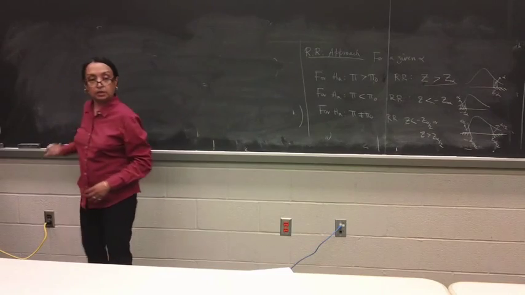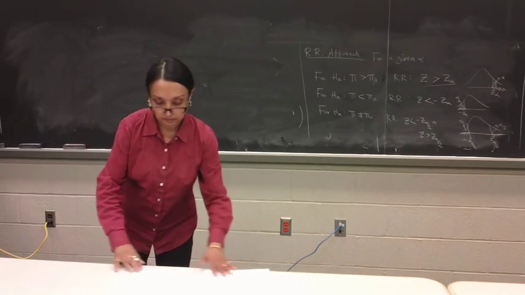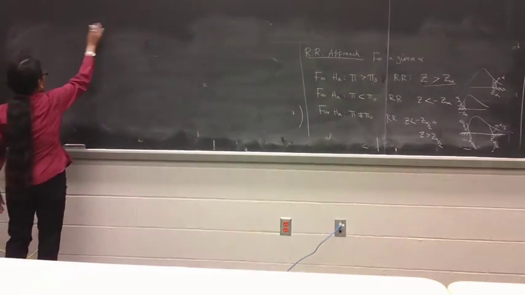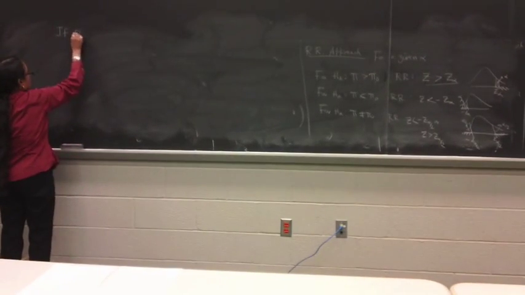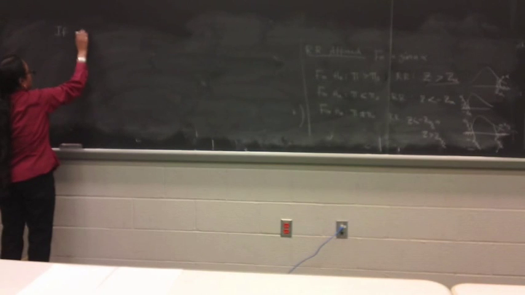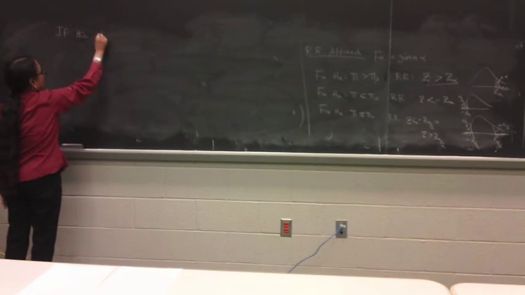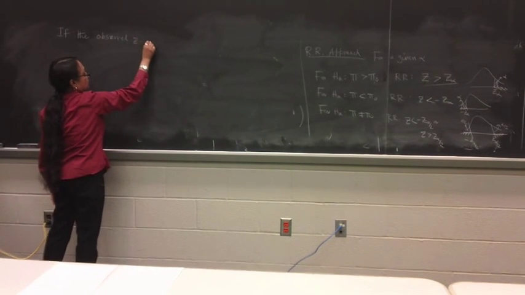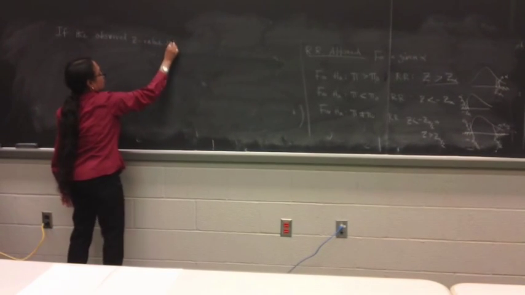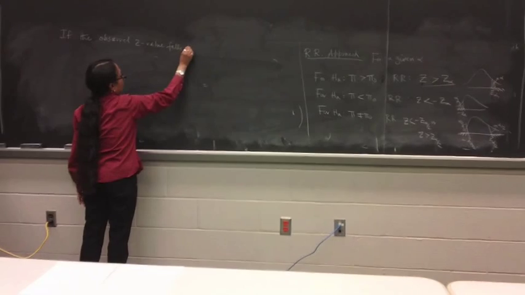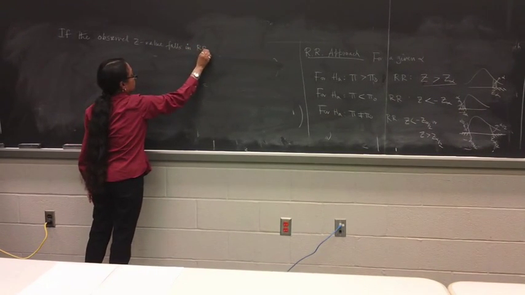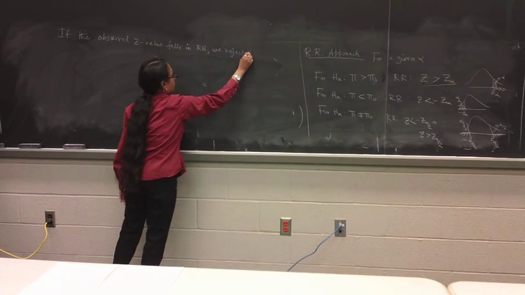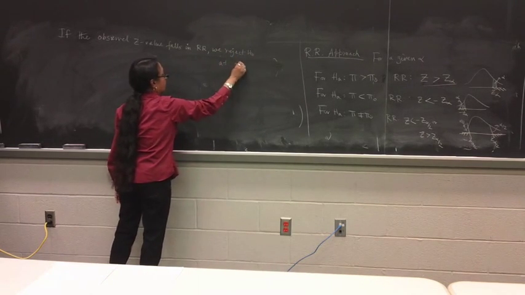So once you figure out the rejection region, you take your decision in the rejection region approach. If the computed value or observed z value falls in the rejection region, we reject the null hypothesis at that significance level alpha.